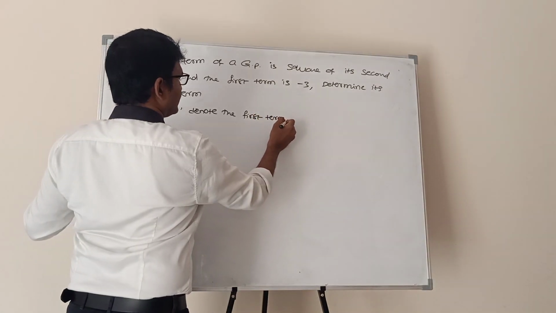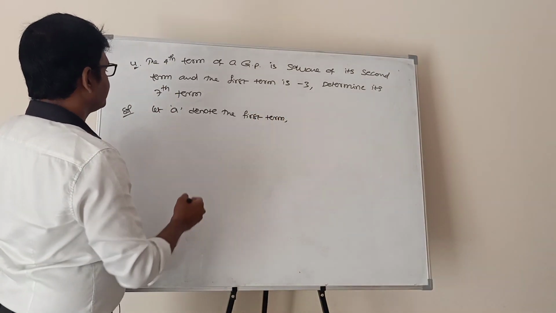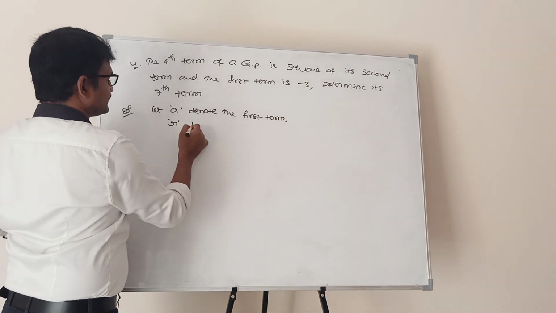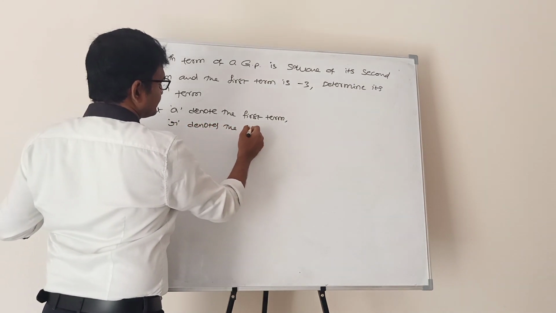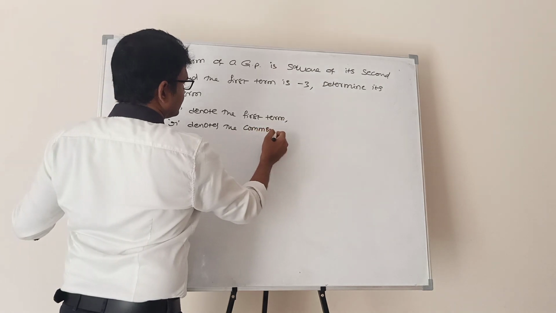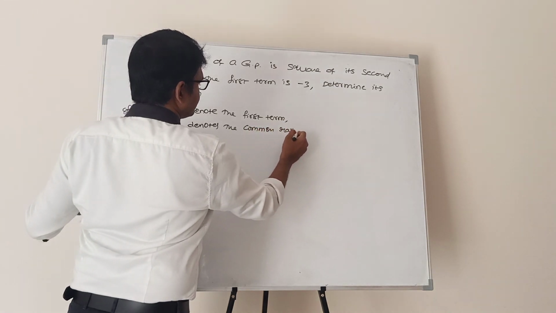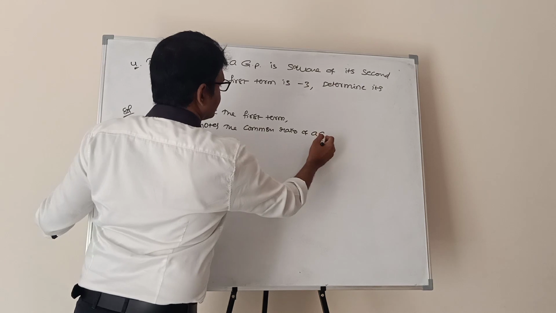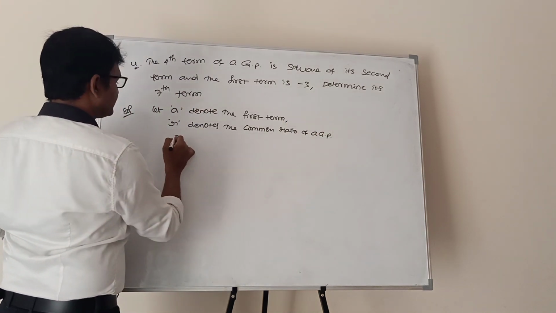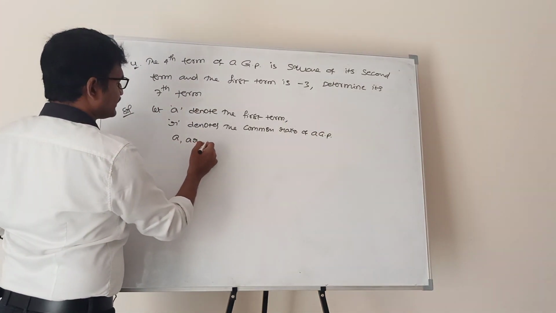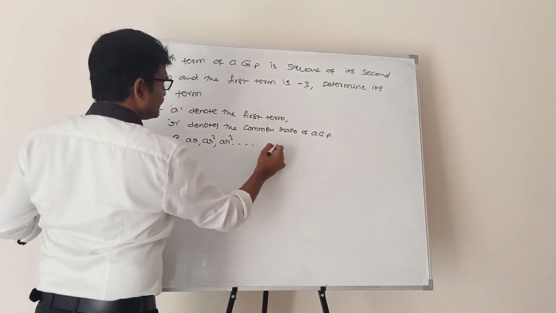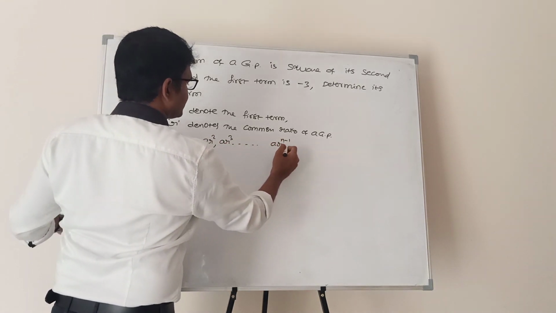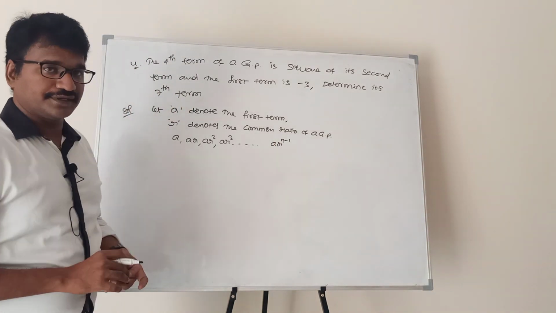R denotes the common ratio. Then a, ar, ar square, ar cube, and so on, ar power n minus 1 denotes the standard form of a GP.